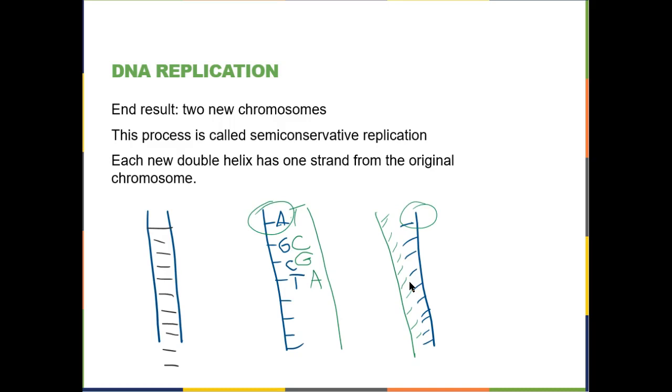So 1/2 of your original chromosome still exists physically intact in your 2 new chromosomes. That's why this is called semi-conservative replication, because roughly half of the molecule is conserved every time you replicate it.